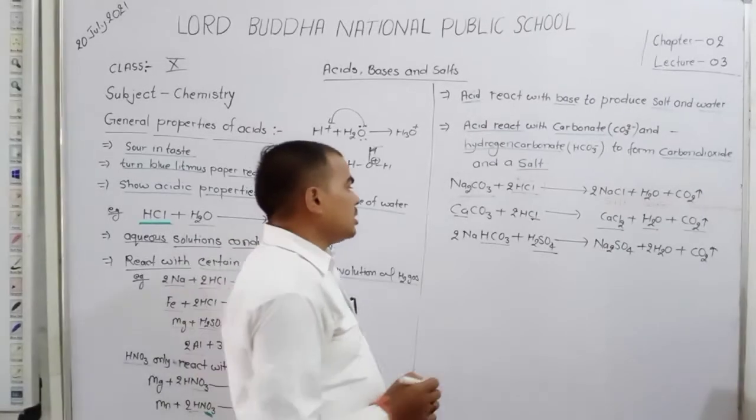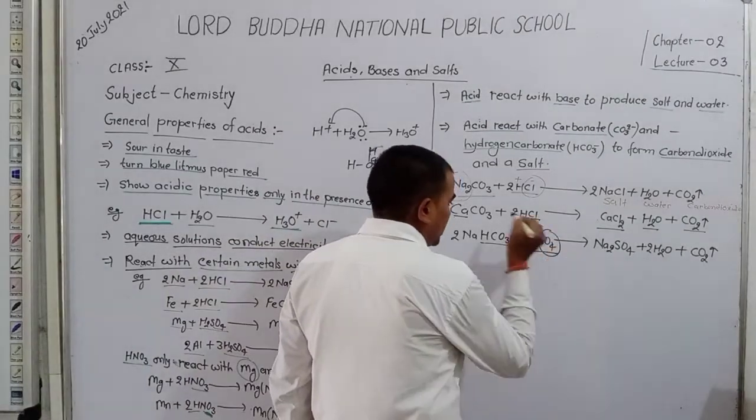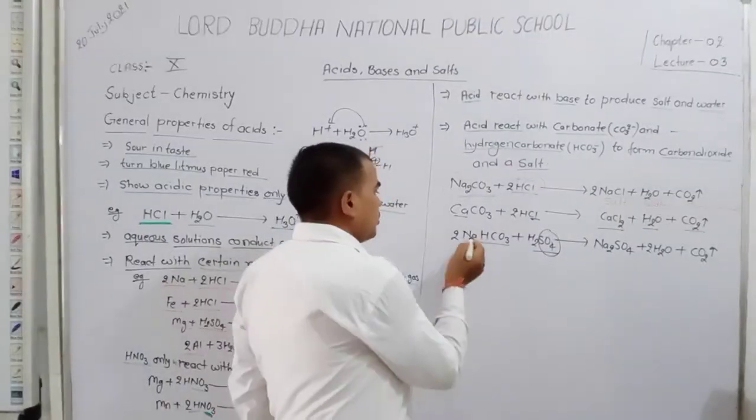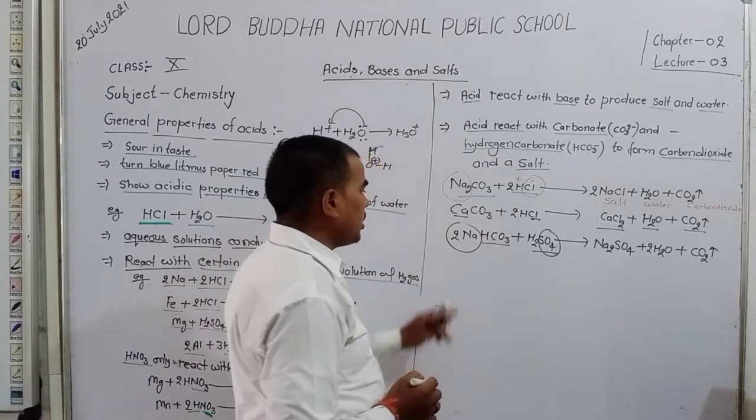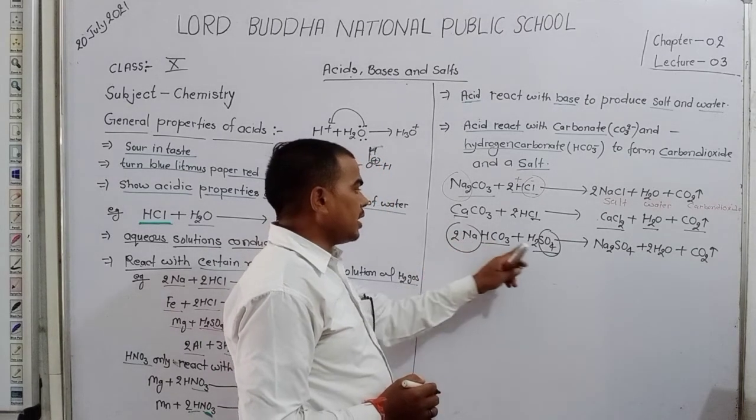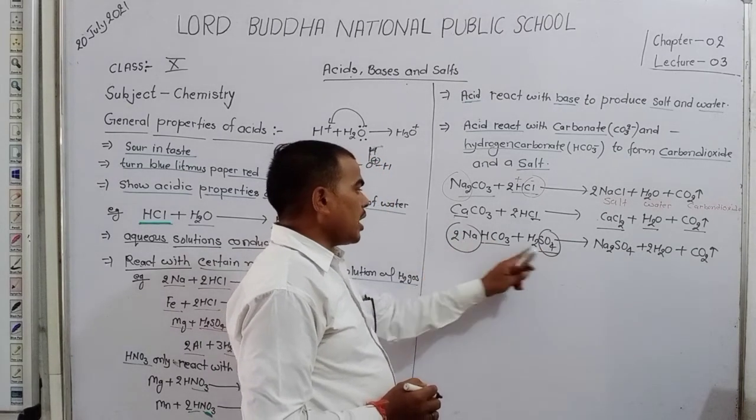The negative part of the sulfuric acid is SO4 double minus and the metals here, so it forms 2Na and SO4, Na2SO4.